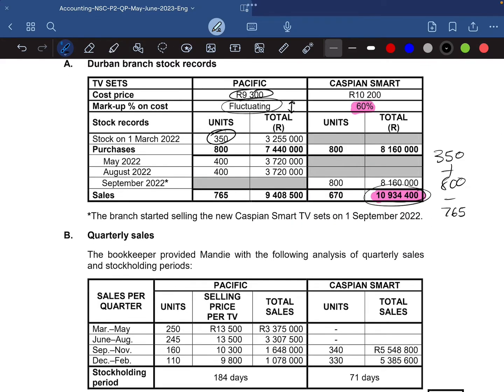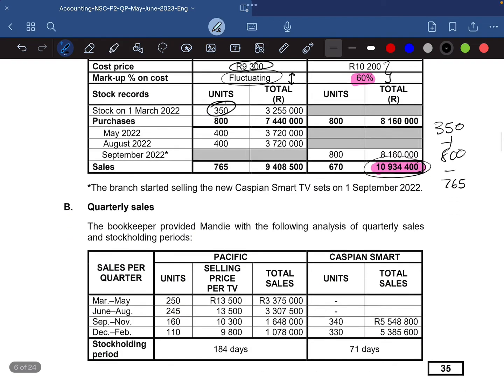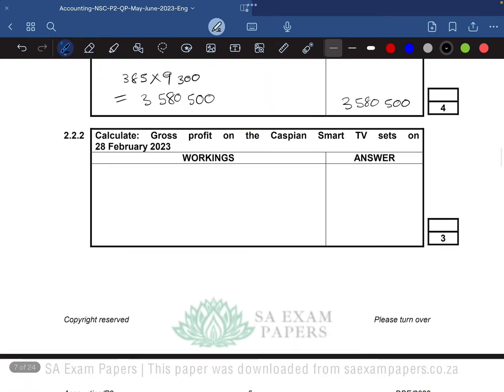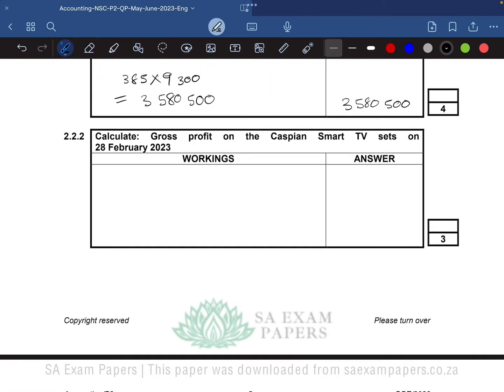Here we have a cost price of 10,200, and a markup on cost of 60%. So we're just going to use our formula, what we want over what we know, and we just want the gross profit. You can just get what you want either way.